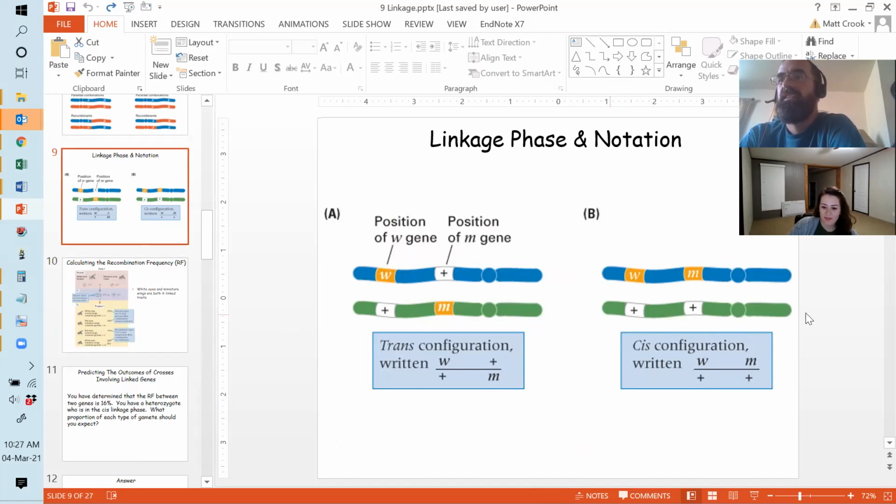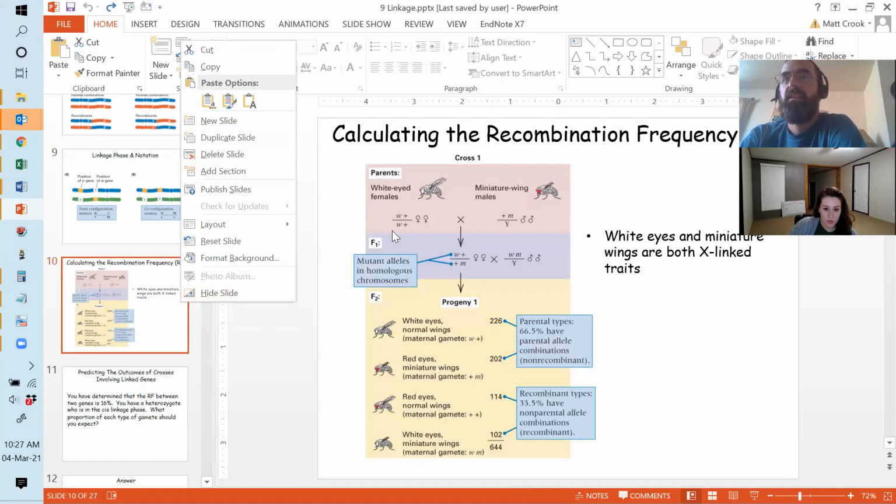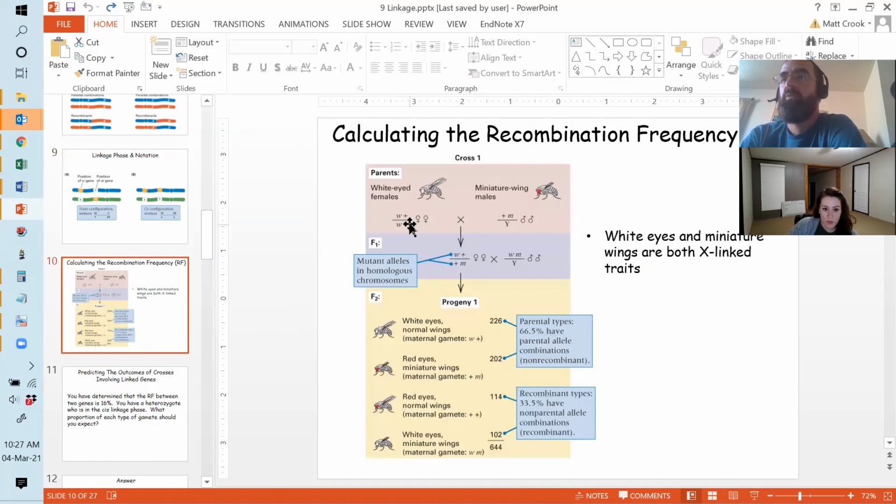This is a heterozygote, so it will have one copy of each allele for each gene. This is a double homozygote because it is homozygous recessive for W, so it has white eyes, and it's homozygous dominant for M, so it has normal size wings.